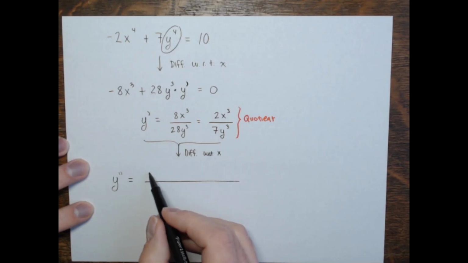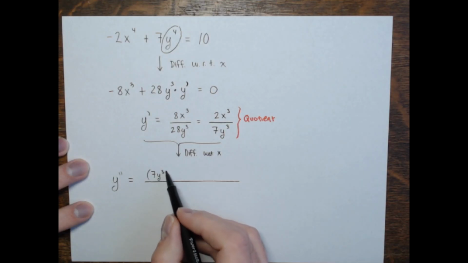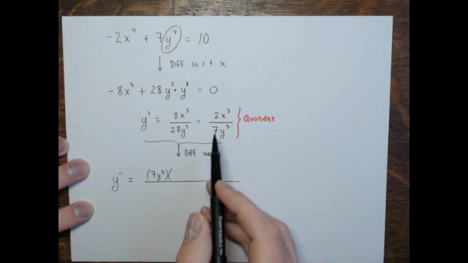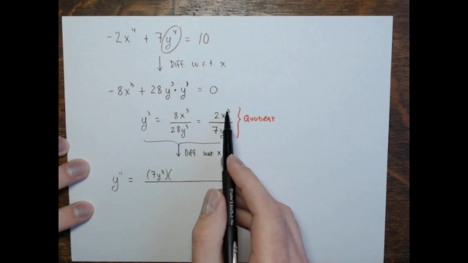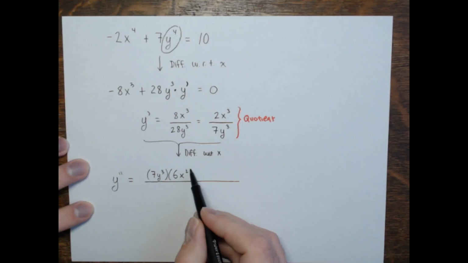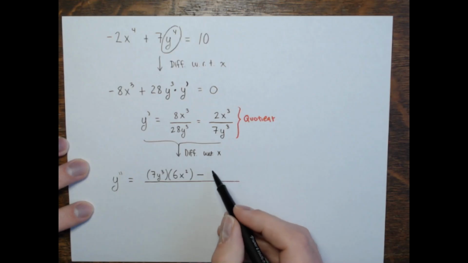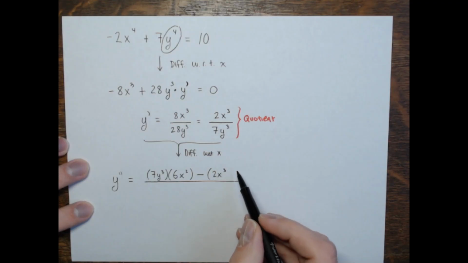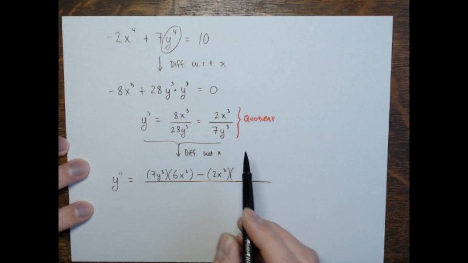This, up top, you got the denominator, 7y cubed, times the derivative of the numerator, which just involves x. So I would do it like normal. That'd just be 6x squared. And then minus, and then leave the numerator the way it is, right? 2x cubed times the derivative of the denominator.